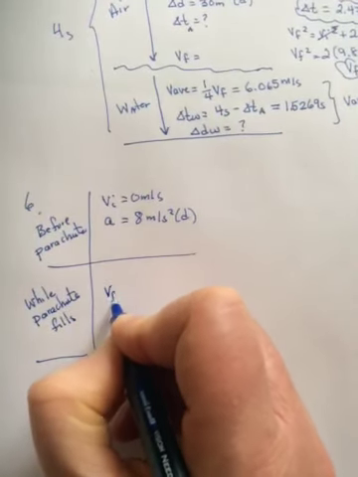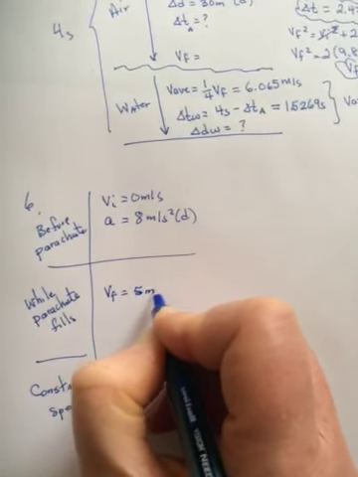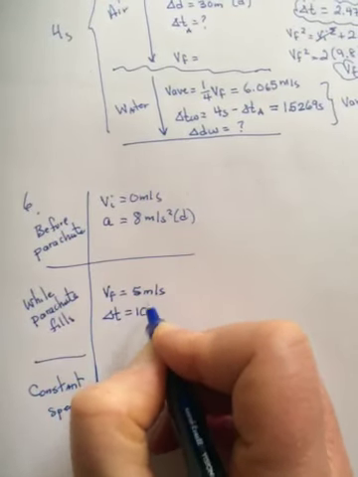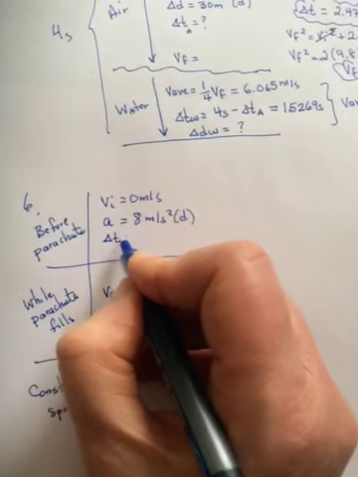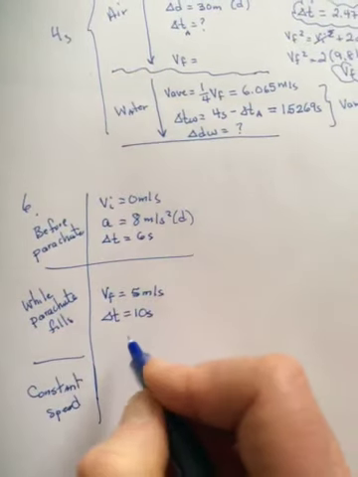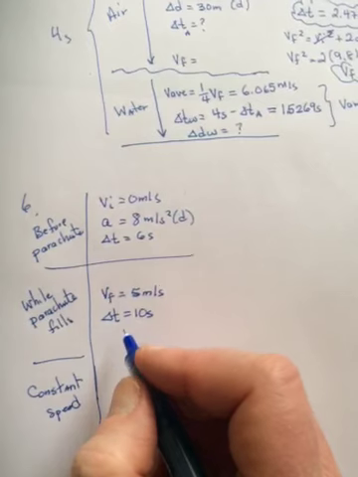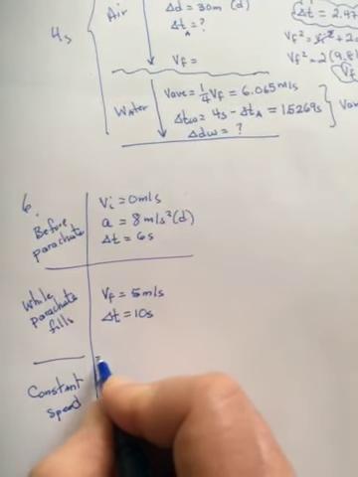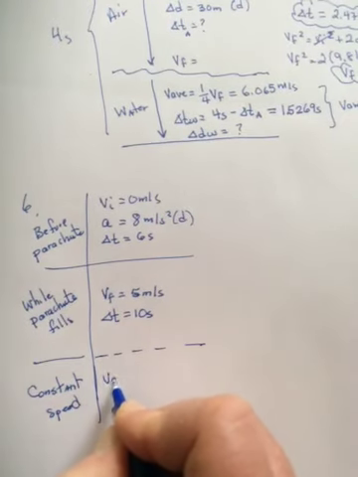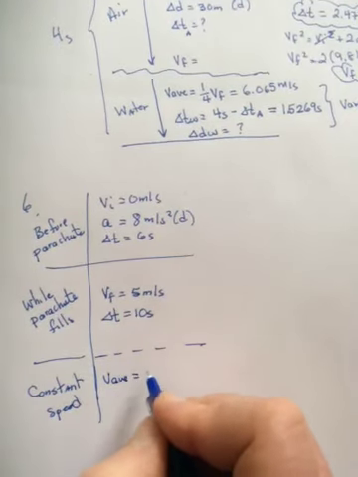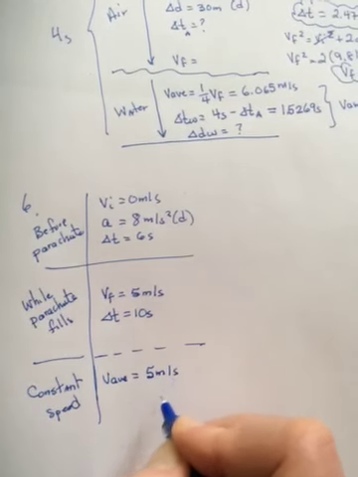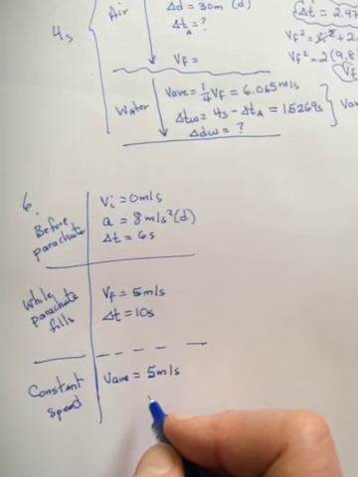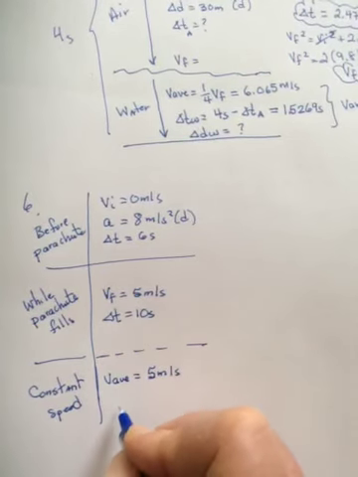So slows to, the VF is 5 meters per second. And this happens in 10 seconds. Oh, and up here it says he falls 6 seconds before pulling the cord. If the diver continues falling at this speed, which will be his VF, 5 meters per second, for the rest of the dive, how long will it take him to reach the ground?